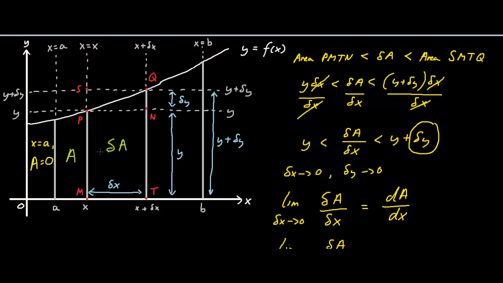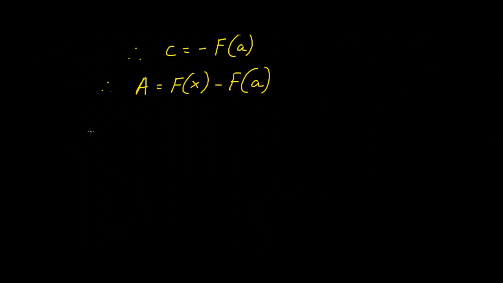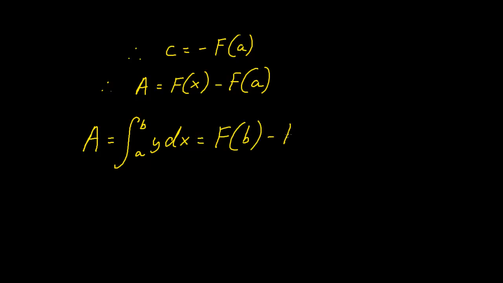Now, if you want to find the area underneath the curve from x equals a to x equals b, you need to use this equation right here. It's area equals the integral from x is a to x is b of y dx, which equals function of b minus function of a.